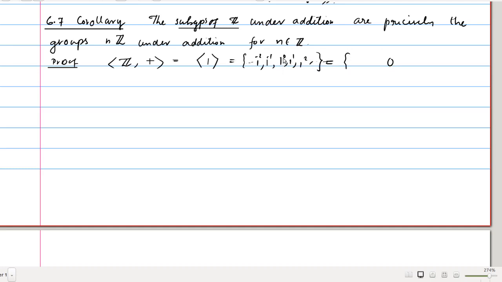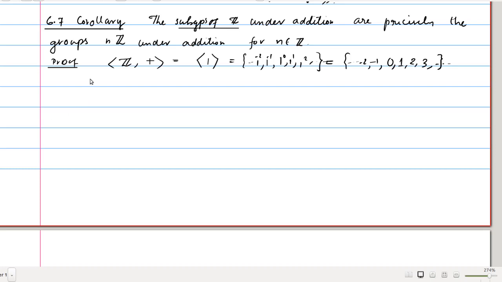This is a symbol which denotes the identity element of Z. So that is 0, and 1 raised to 1 is 1, 1 raised to 2 is operate 1 two times in this group, that is 1 plus 1, that is equal to 2, similarly 3, etc., and minus 1, minus 2, etc. Okay, so these are the elements of our Z, and due to this we can say that Z under addition is a cyclic group.